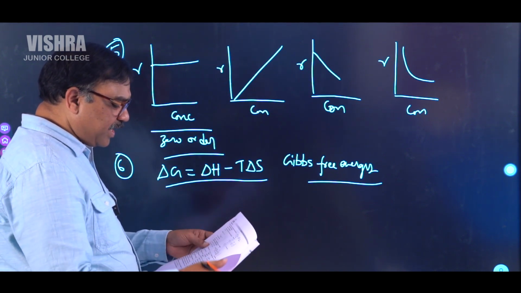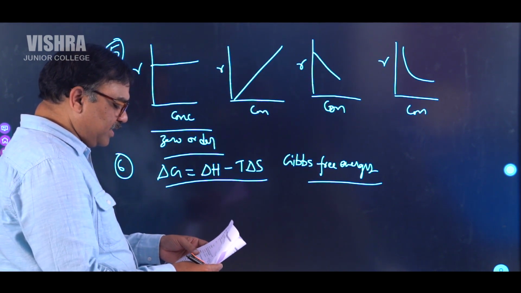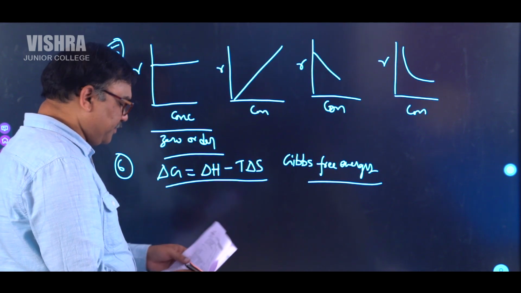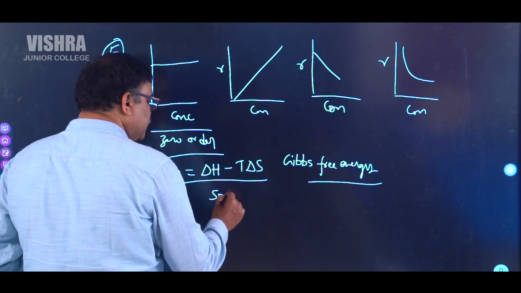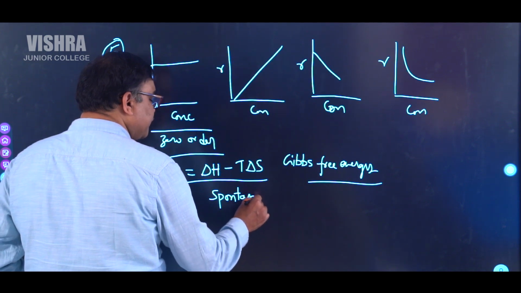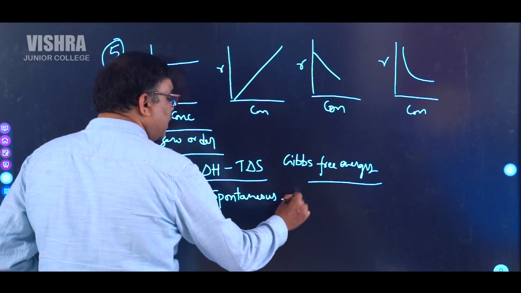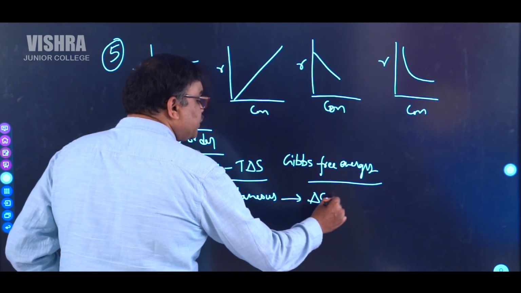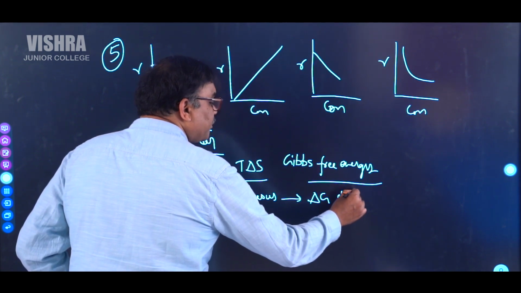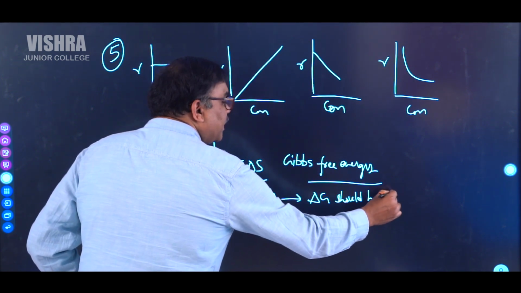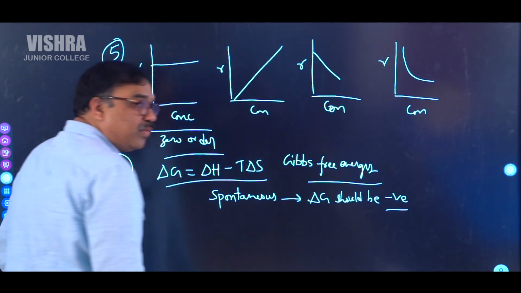Which of the following reactions is incorrect for a spontaneous reaction at a given temperature? If you want a spontaneous reaction, delta G should be negative.